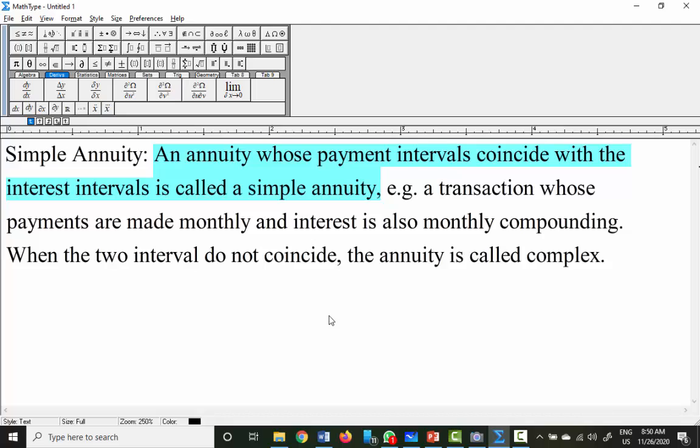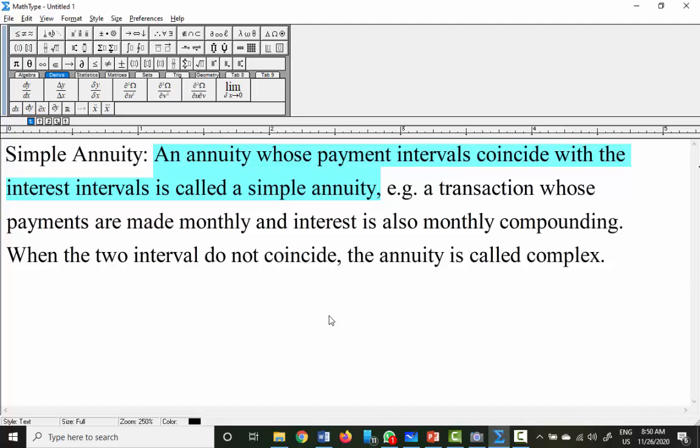But if you are making monthly payments, but interest is compounded on a daily, quarterly, or semi-annual basis, this will not be a simple annuity; these will be complex annuities. I'm saying again, if the payment interval and the compounding interval are the same, this is a simple annuity, right?